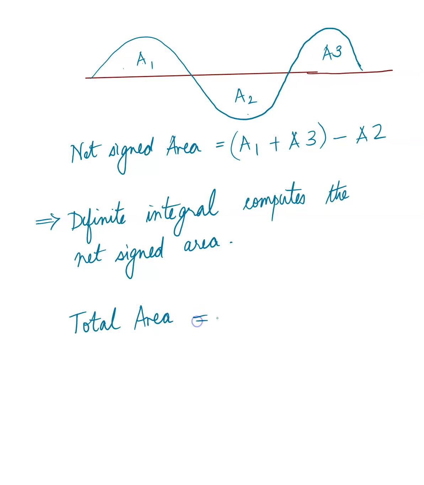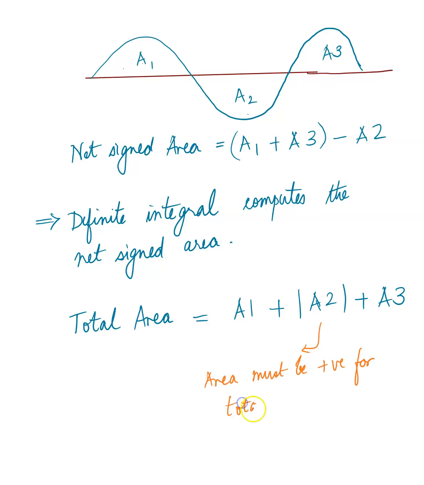If you wanted to find the total area for the same information above here, then I have to do A1 plus the absolute value of A2, because you know A2 is going to be negative, but if you take the absolute value, it will return a positive, and then A3. So this will give us a total area that must be positive, because as the name says, total area, it doesn't matter if it's above the x-axis or below the x-axis.